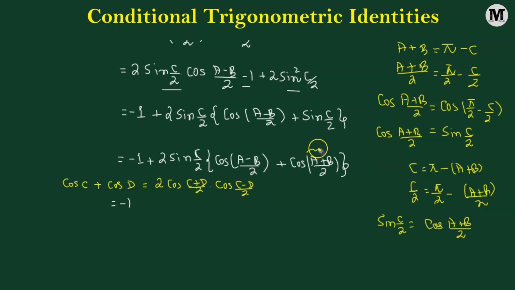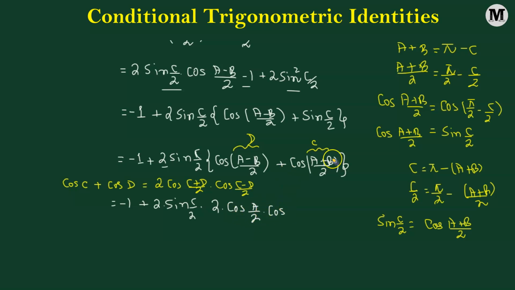Now we'll consider (A plus B) over 2 to be equivalent to C and (A minus B) over 2 to be equivalent to D. If we apply this formula, we already have a 2 here, so this 2 comes here, multiplied to sine C over 2, multiplied to 2 times cosine of (C plus D) over 2. When we add C and D, that gives us A, and with the division by 2 we get cosine of A over 2.